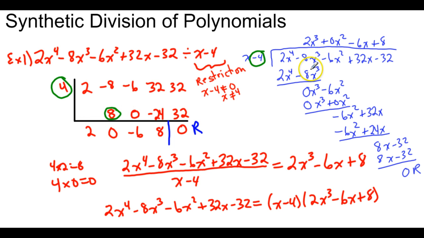and here we have a -8, a 0 and a 0, a -24 and a +24, and a +32 and a -32.